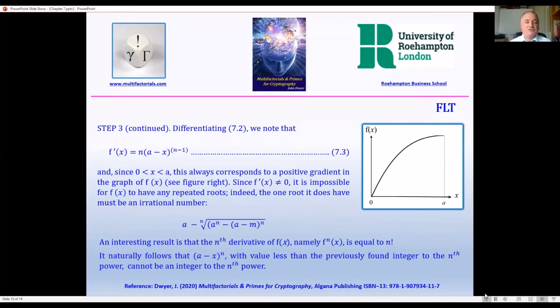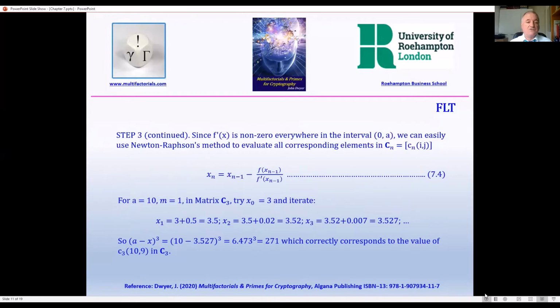Notice that when we differentiate x, equation 7.3, we get a positive gradient. Interesting result. In fact, it turns out that the nth derivative of f is n factorial, which ties in nicely with chapter 2 on multifactorials in the book.